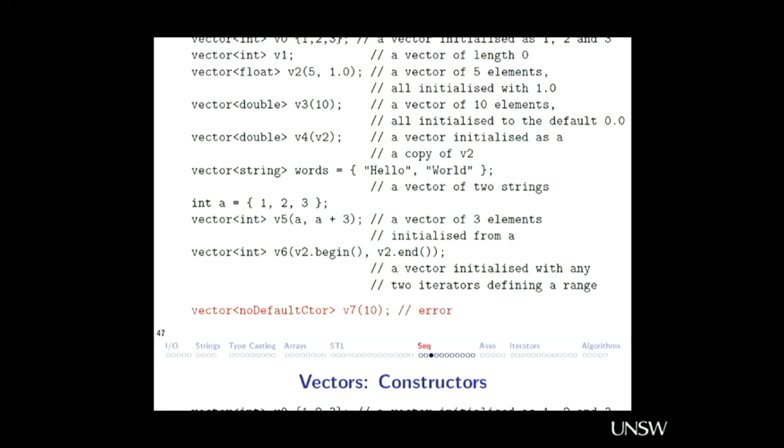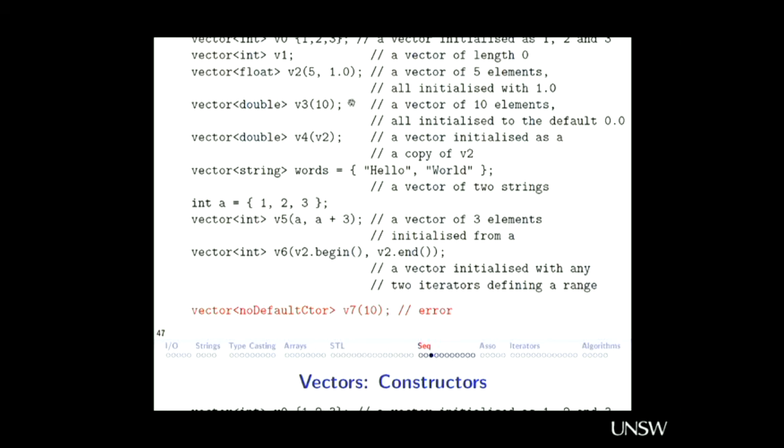It's empty. Vector float v2 contains 5 elements, all initialized to 1.0. Now I don't expect you to remember all these different ways of initializing things, but the documentation will help you out. It's helpful to know which one to use, because the speed here is going to be faster than you manually inserting stuff.